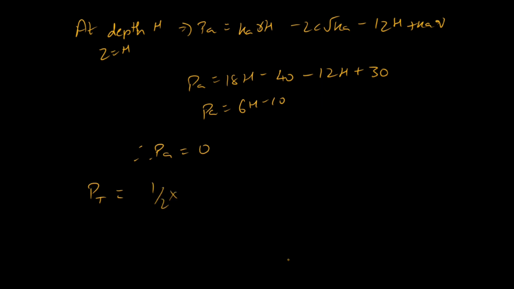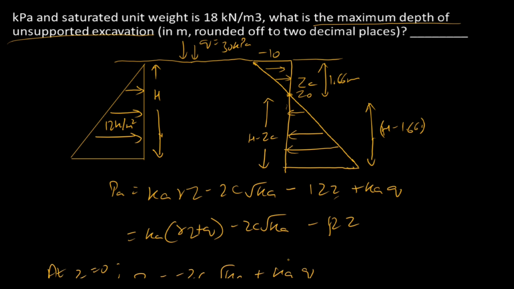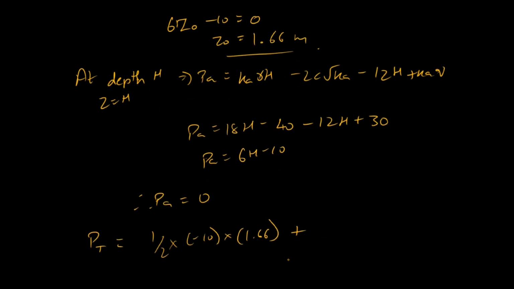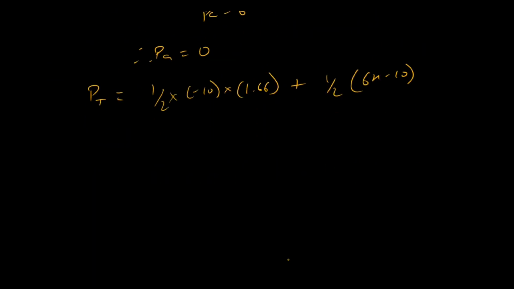For triangle 1, half into base, which is minus 10, into height 1.66, plus for the second triangle, half into base 6H minus 10 into height, which is H minus 1.66.